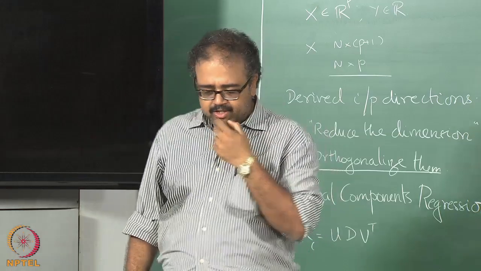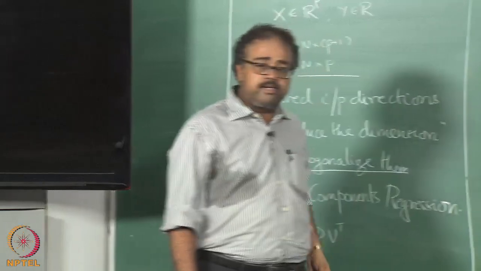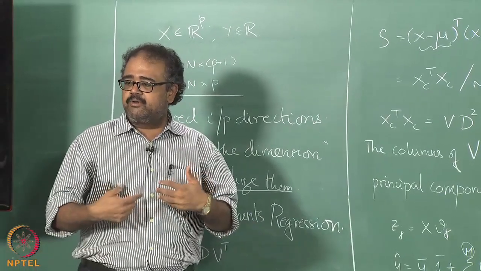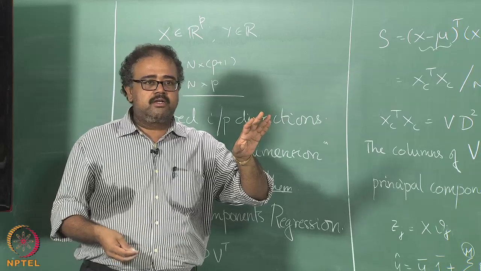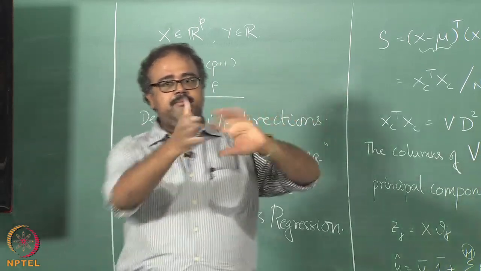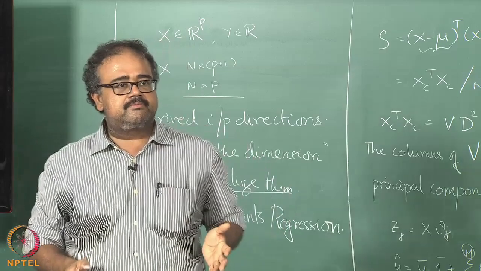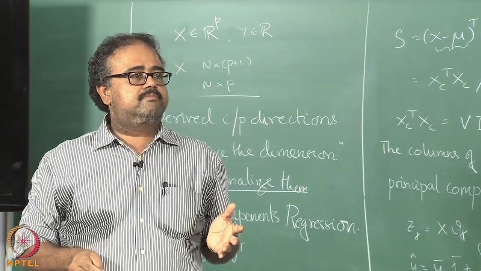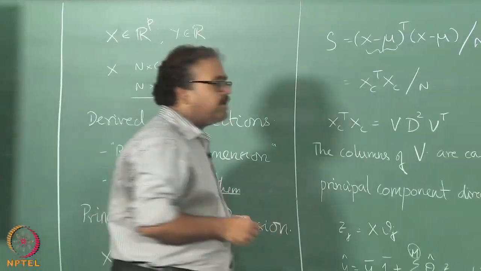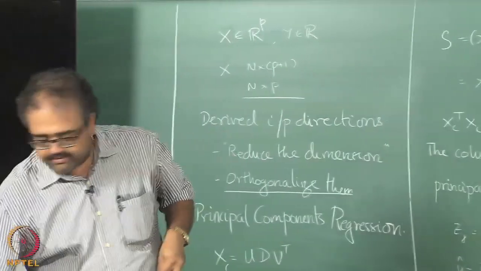One of the drawbacks of doing principal component regression is that I am only looking at the input data, I am not looking at the output. So it could very well be that once I consider what the output is, I might want to change the directions a little bit. I can give you an example, it is easier for me to draw if I think of classification.